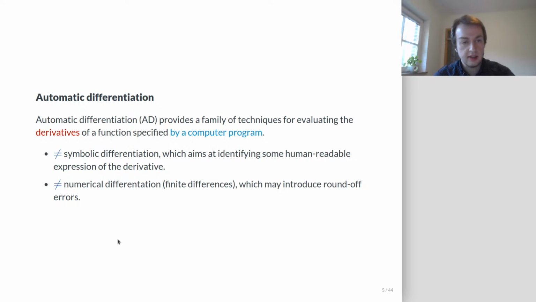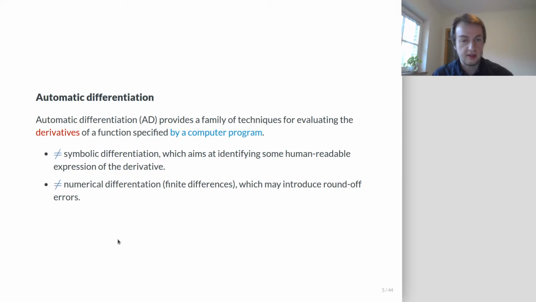You should understand that this family of techniques is different from, for example, symbolic differentiation, in which the goal is rather to start from a mathematical expression, then try to identify another, human readable expression of the derivative of that expression.